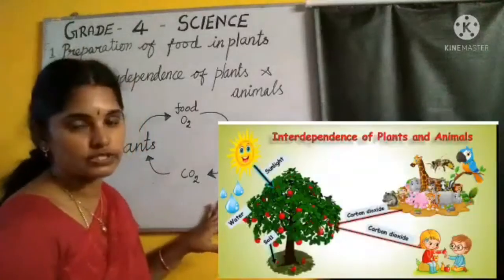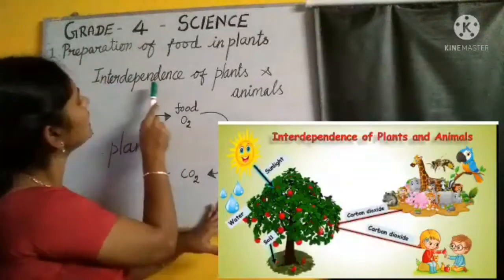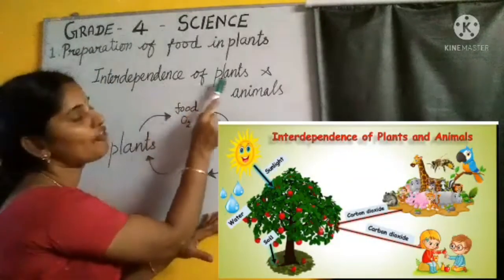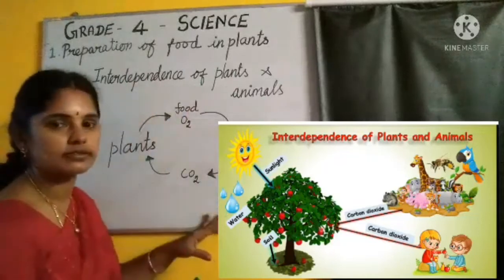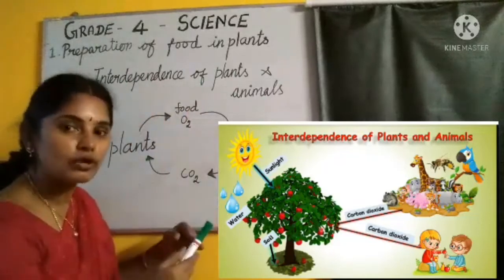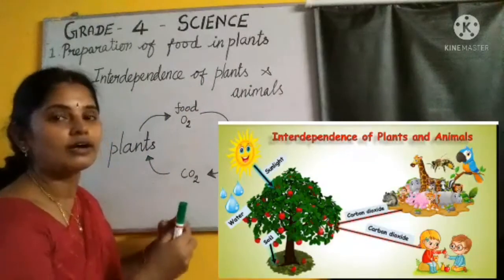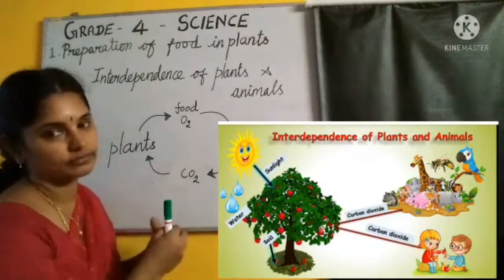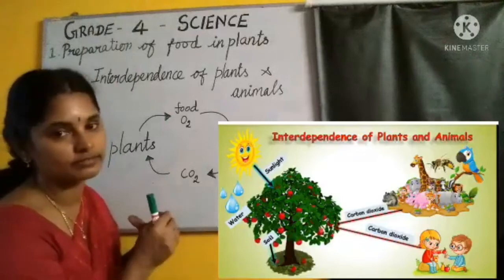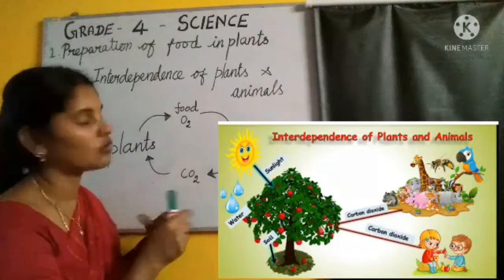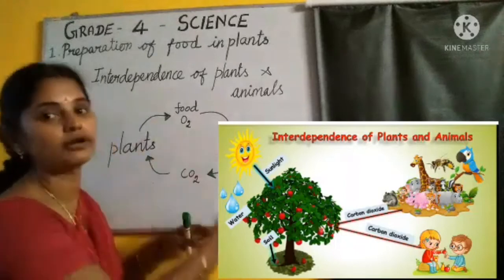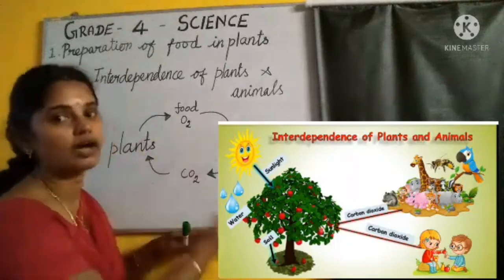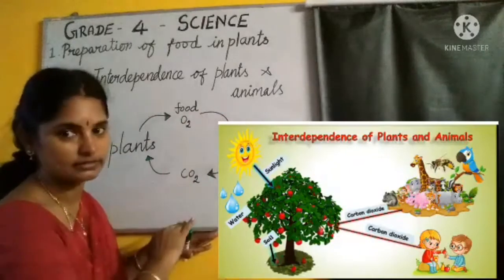Now we are going to see interdependence of plants and animals. Interdependence. ஒண்ணுக்கொண்ணு டிபெண்டண்டா இருக்கிறது, உறவா இருக்கிறது. ஓகே, இன்டர்டிபெண்டன்ஸ். ஒன்றை சார்ந்து மற்றொன்று இருக்கு. இதை பொறுத்து தான் அது இருக்கு, அதை பொறுத்து தான் இது இருக்கு.